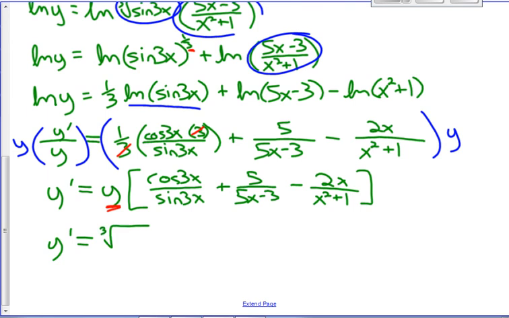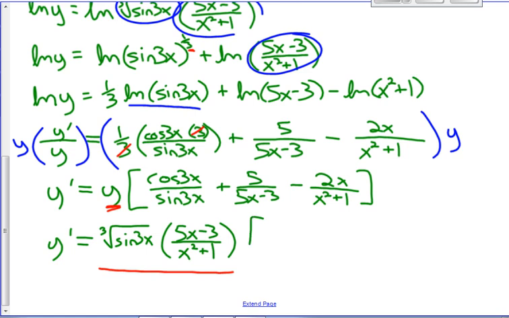Cube root of sine 3x times 5x minus 3 all over x squared plus 1. That's just going in place where that y was. And then everything else will stay pretty much the same. I can rewrite cosine over sine as cotangent, so cotangent of 3x plus 5 over 5x minus 3 minus 2x over x squared plus 1.